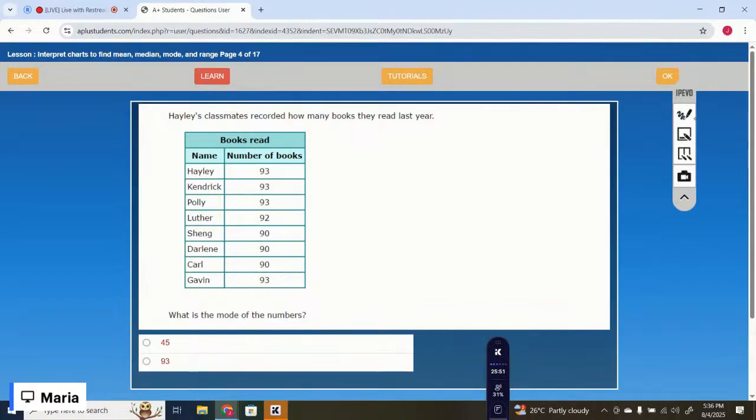Haley's classmates recorded how many books they read last year. What is the mode of the numbers?